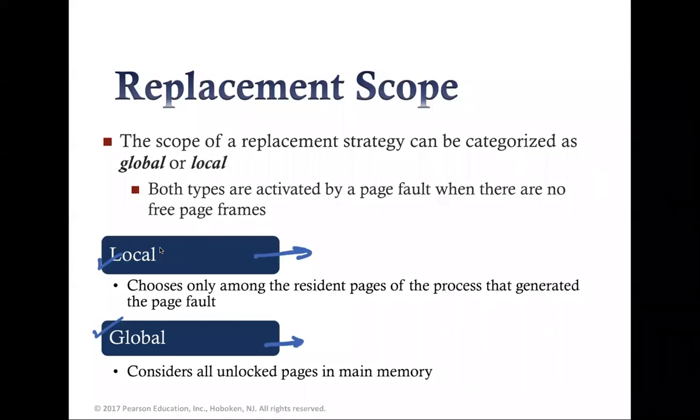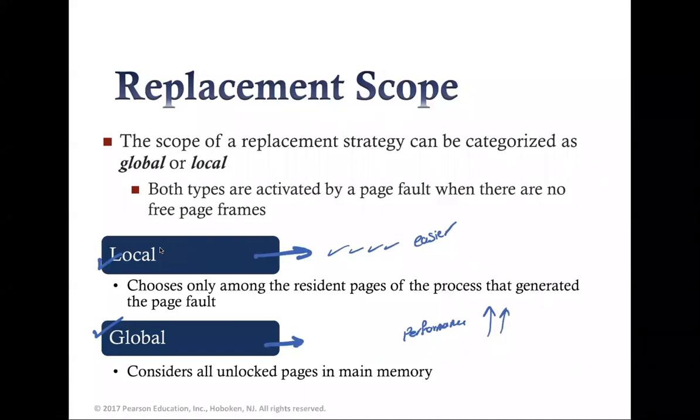While it happens that local policies are easier to analyze, there is no convincing evidence that they perform better than global policy. So they might be easier, but in terms of performance, maybe the global replacement scope might be attractive in some operating systems.